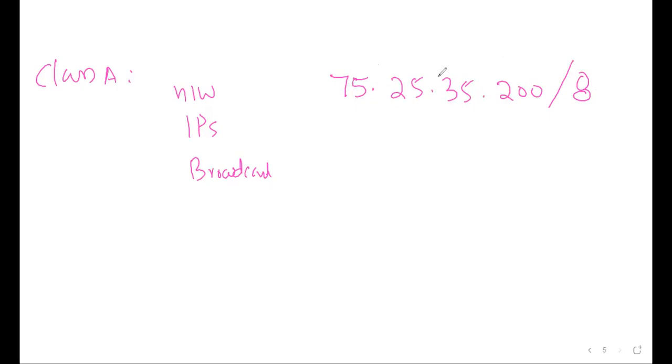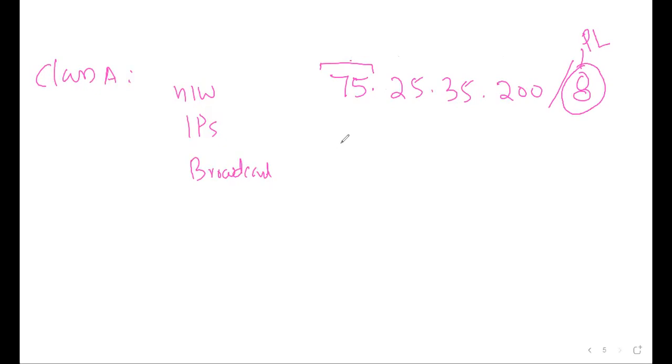This will be the default class A, because when I say 75, which is class A, only one octet is turned on, which is 8 bits. That is reflected here as 8. When you write this 8, it is also known as the prefix length, PL. This is one of the IPs in the 75 network.